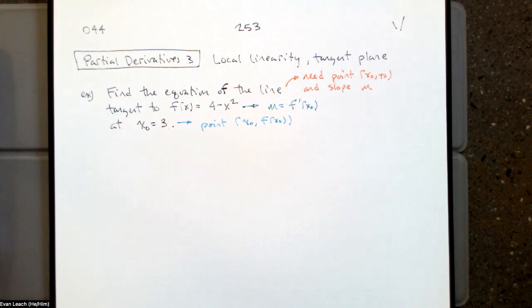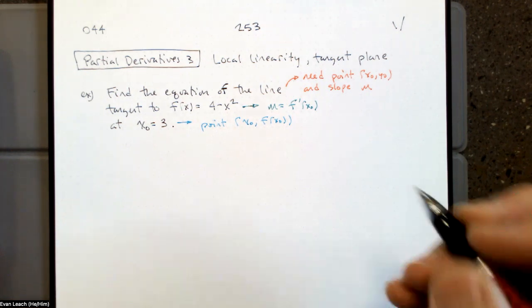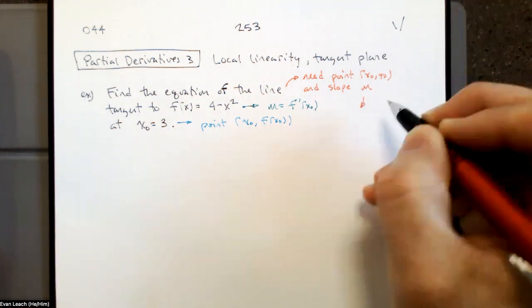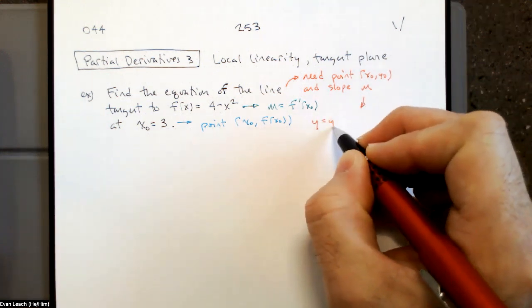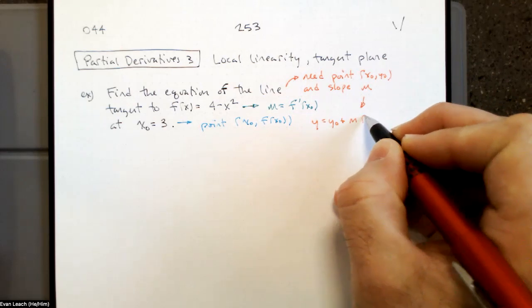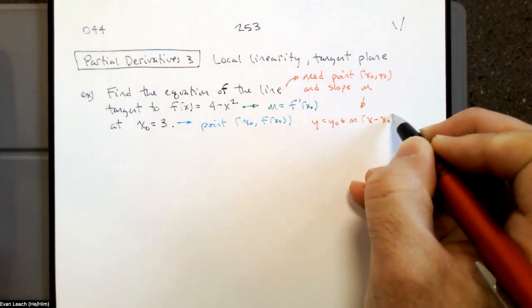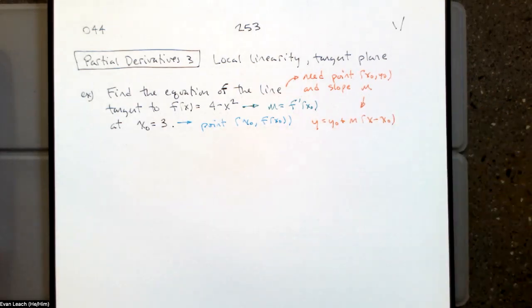Find the equation of a line is find a location and a direction and put them together in an equation. In this case, the way we're going to find the slope is with the derivative.